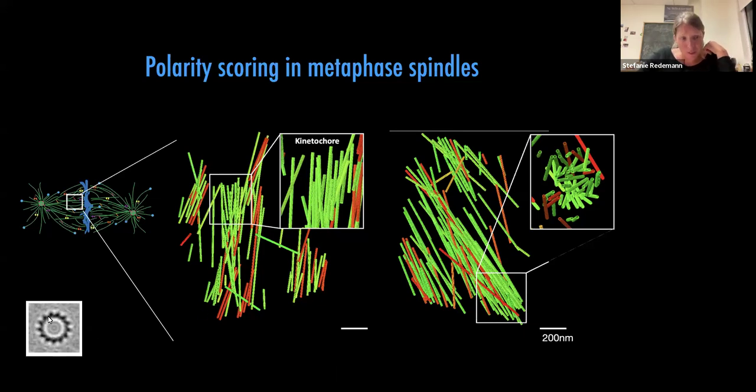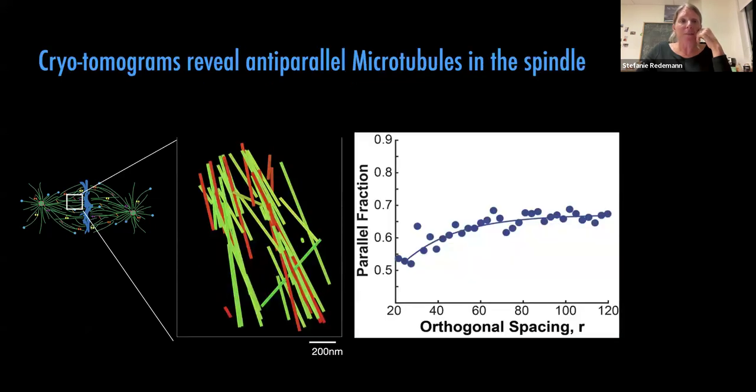And we can determine this based on the orientation of these protofilaments in our tomographic reconstructions. And so this was interesting and this was new. And you can see the quantification here. So we find that there is about 50% of antiparallel microtubules in these reconstructions.